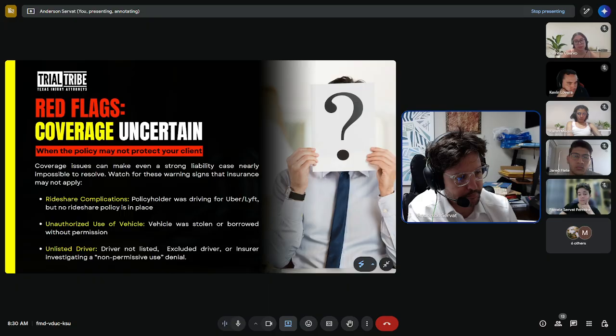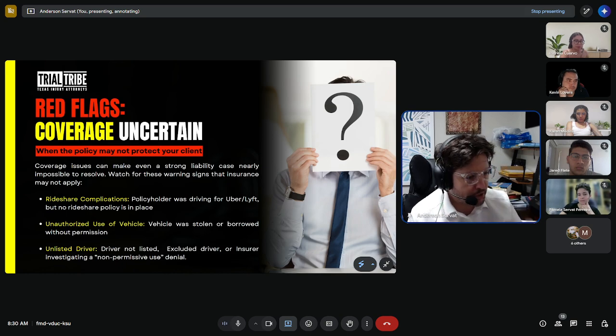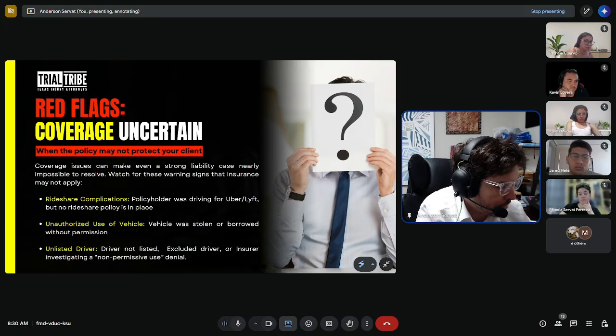In the policy there are normally exclusions, and one exclusion is if you said you are not doing rideshare and you are, I'm not going to cover everything. So the policy says that if they are doing Uber, they have the right to void the policy, and if they have the right to void the policy, even what she has will not be covered.